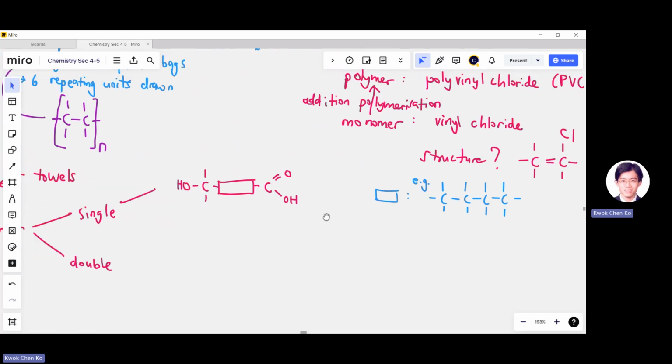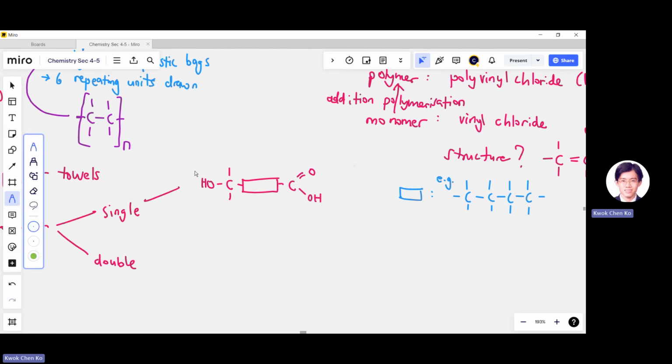But anyway, importantly, back to here. What are these two groups called? Just call it carboxylic acid group. This is called alcohol group. So this is single monomer. Remember, one side alcohol, one side carboxylic acid.